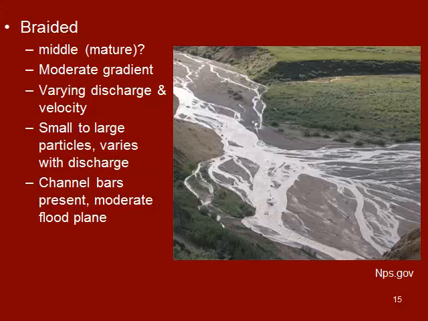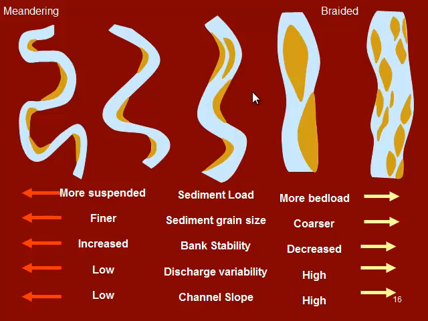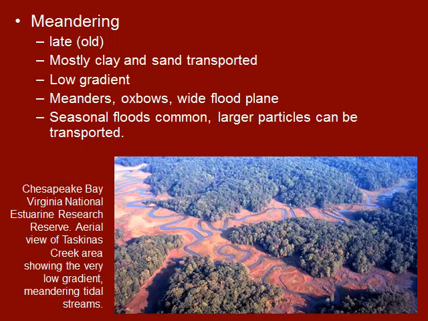So our next, if we compare our braided to our meandering, let me just show you real quick what meandering looks like. Meandering, we have a super sinuous pattern in our channel, back and forth, a really, really windy pattern. So these would be late or old stage. Mostly clay and sand transported.